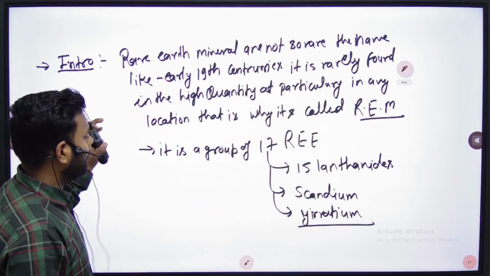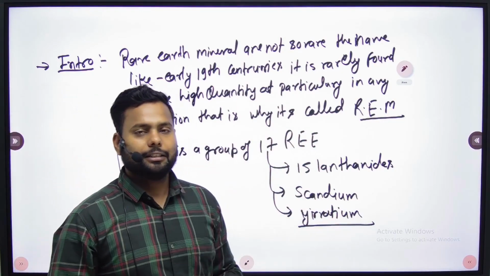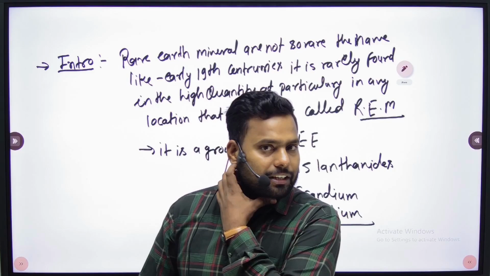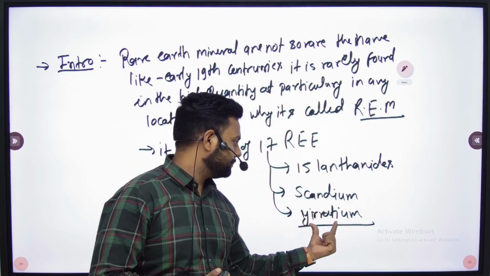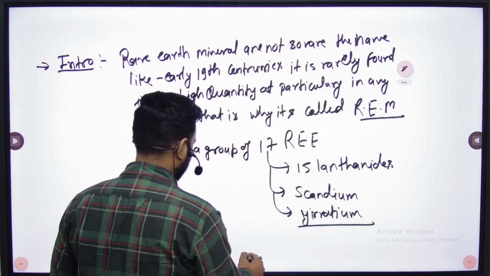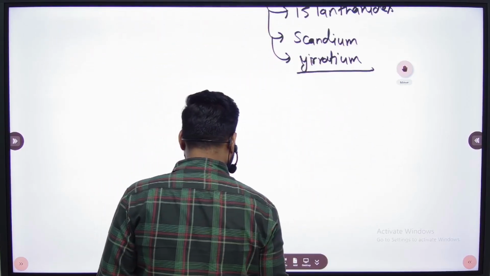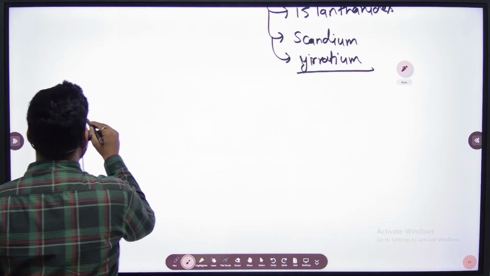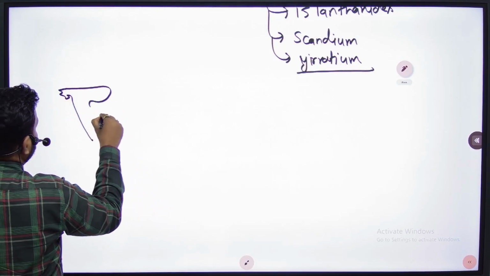This is all about the intro. You should start the intro with, it is a group of 17 rare earth elements, of which 15 are the lanthanides and scandium and yttrium. And now you should show on the map the concentration of the rare earth minerals.